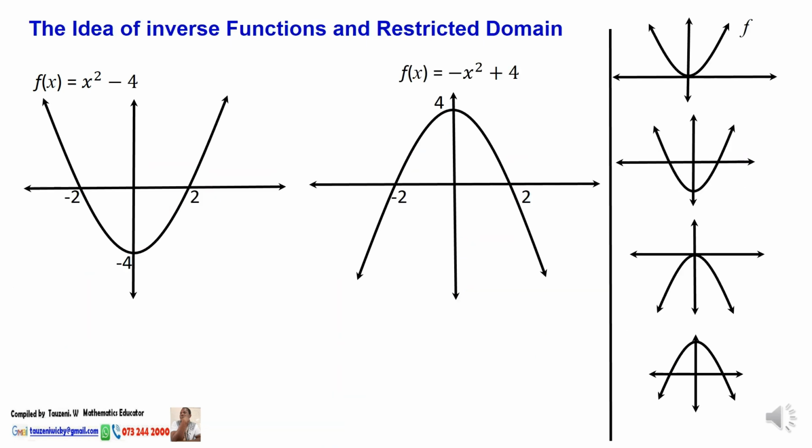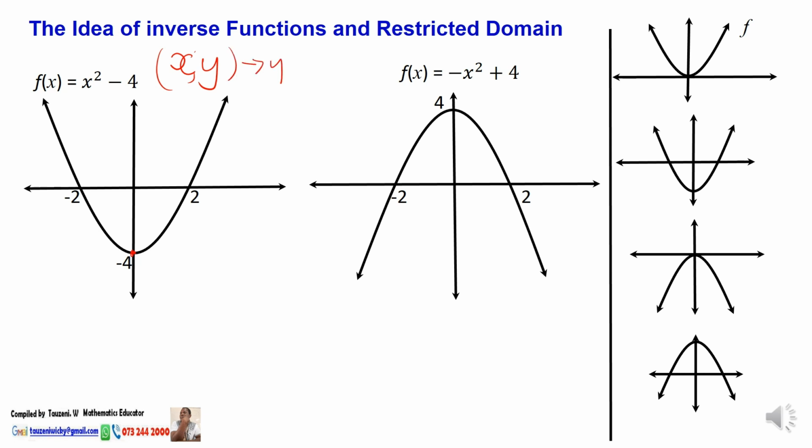Let's quickly make sketches of the inverse functions for these graphs. Right, the first one starts from -4. Now, when you are constructing the inverse of a function, the coordinates xy become yx.